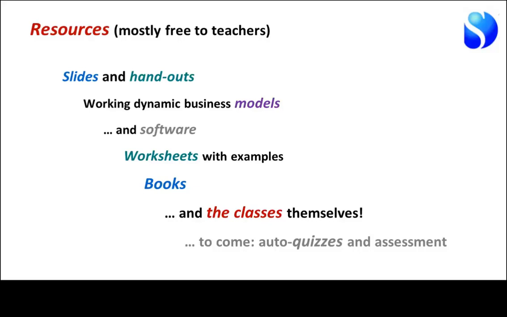If you take the course, then you get personal access to it anyway. There are also working dynamic business models. I've shown you one of those, and a link to another one, and there are lots of these. It's not just one or two of them. I've tried to illustrate every single point in the course with these working dynamic models.